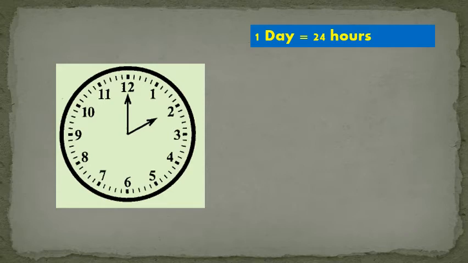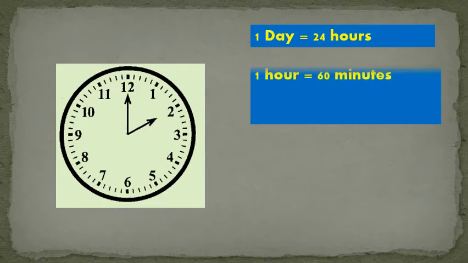So there are 60 small divisions on the whole dial. The minute hand moves around the clock once in 1 hour. So a day has 24 hours and 1 hour is equal to 60 minutes.